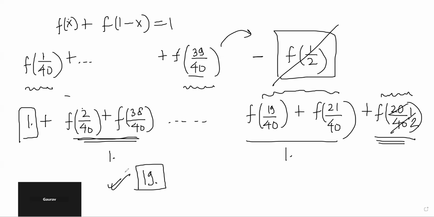Basically, the whole question depends on whether you can see that f of x plus f of 1 minus x is equal to 1 or not. You have to check a few values and you should realize that. If you check any two, three fractions, you will realize it. Do you understand what is happening? Yes, sir.